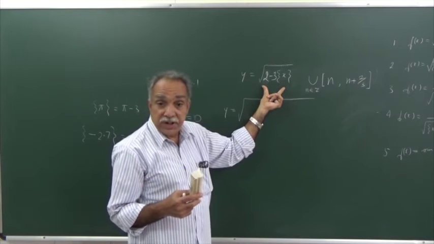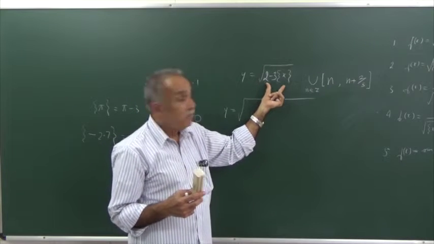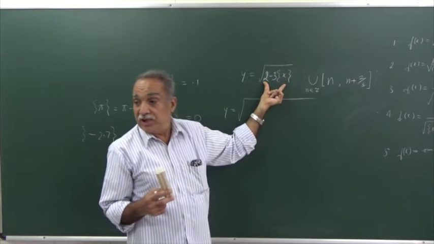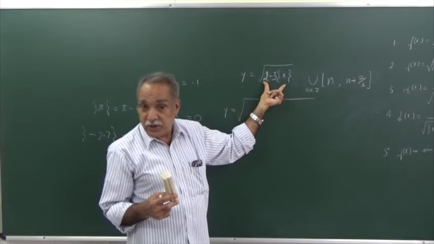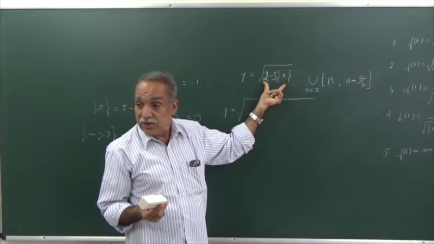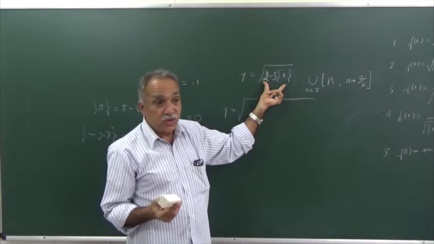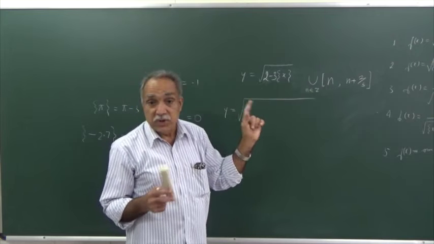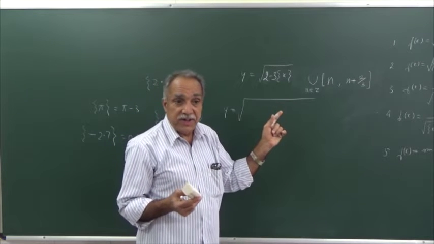What are the admissible values? This is between 0 and 3. Admissible values will be between 0 and 2. Are both endpoints included? Yes. So range will be closed interval 0 to root 2 with both endpoints included. Agreed, I think.